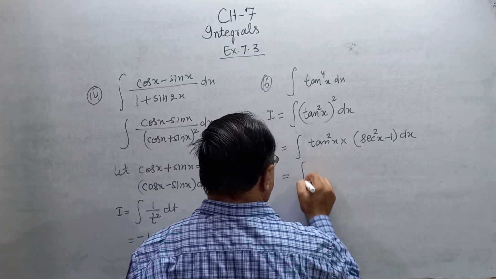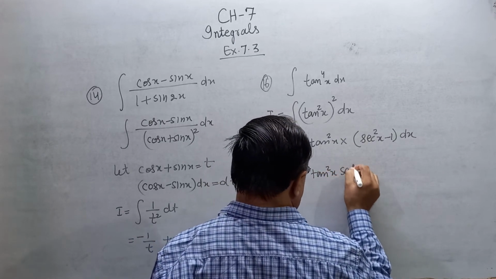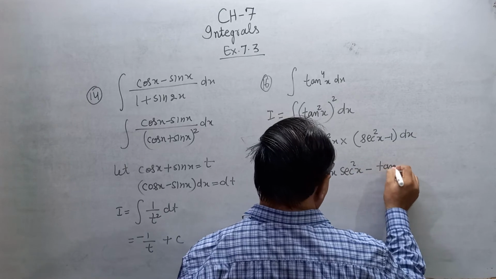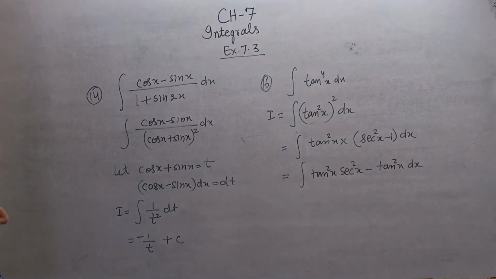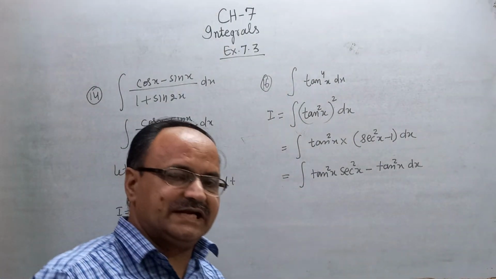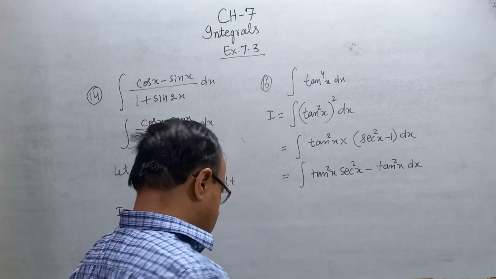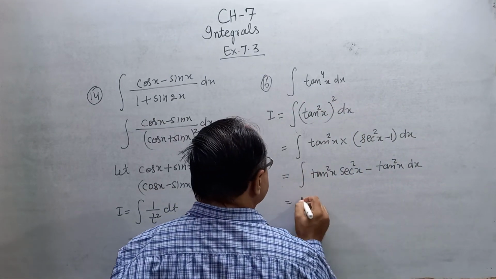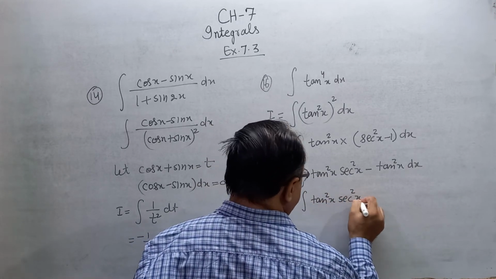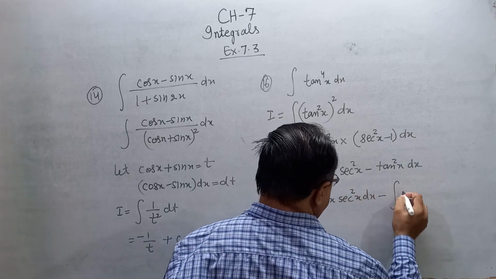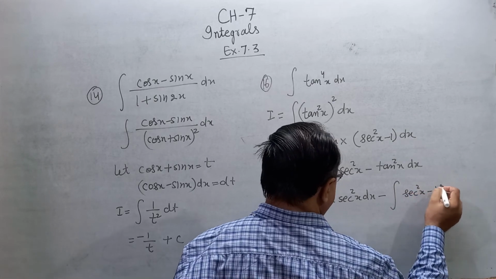Now multiply: tan square x sec square x minus tan square x dx. The first part you can solve by substitution, letting tan x equal t, and in the second part put the formula: integration of tan square x sec square x dx minus integration of tan square x, with tan square x equal to sec square x minus 1.